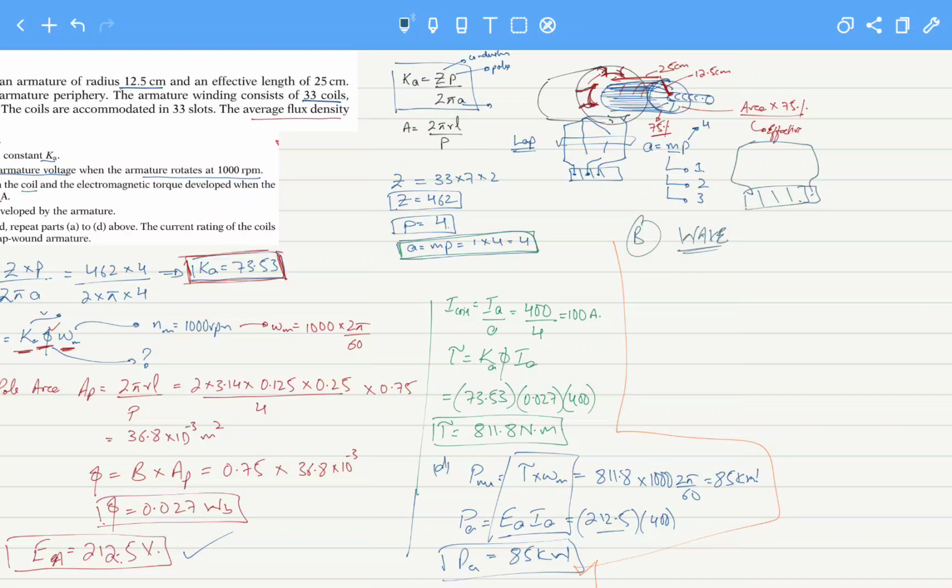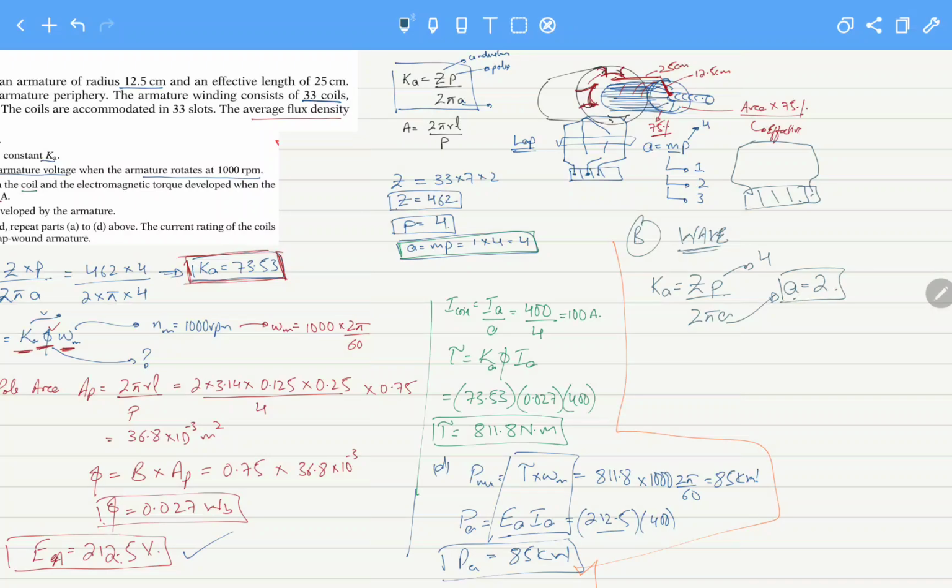So in this scenario, the only thing that will change is the machine constant. The number of poles is again 4, but the value of A for a wave wound machine will always be 2.